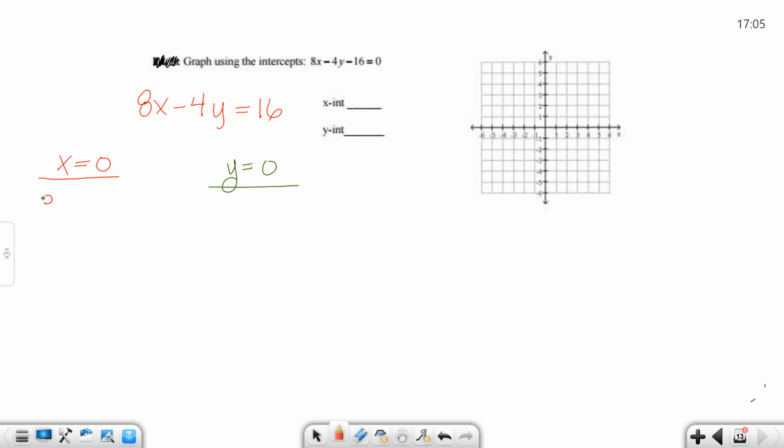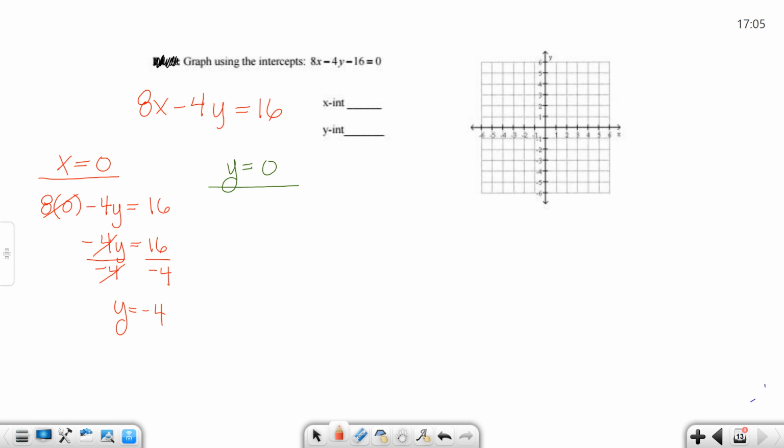So if x is 0, I have 8 times 0 minus 4y equals 16. Well, 8 times 0 is 0. So negative 4y would equal 16. I'll divide by negative 4, and y would equal negative 4.